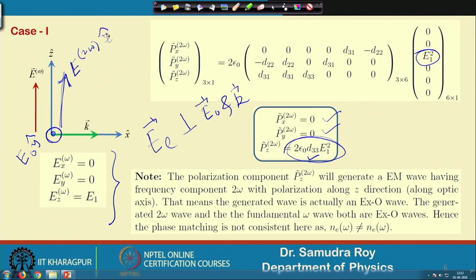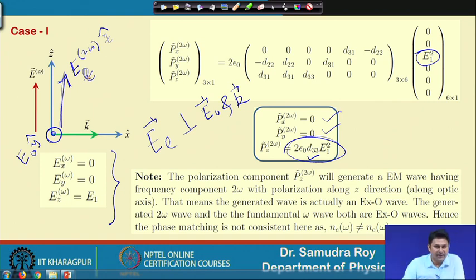That means E2 omega, which is along the z direction, our second harmonic field generated by Pz at 2 omega, the z component of the polarization, is eventually an extraordinary wave. So I should put an E here. Now we can easily find that the fundamental wave is extraordinary and the second harmonic that is generated is also an extraordinary wave.